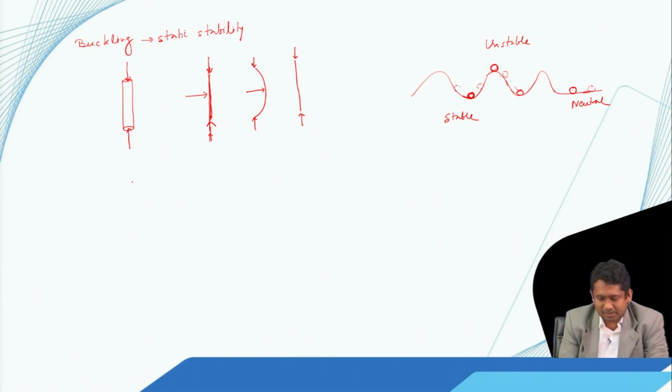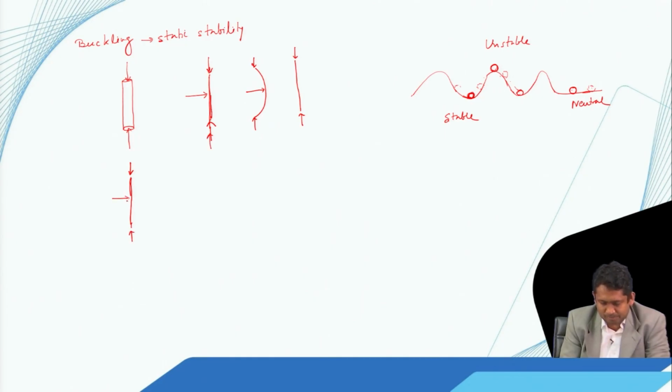But if we increase the axial load gradually, then after some value of the axial load, this initial straight configuration becomes unstable. That means again it was like this.